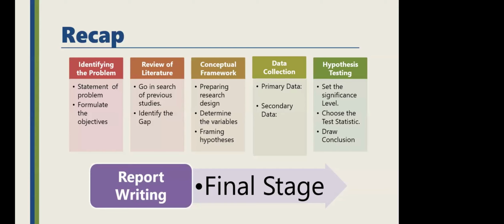Okay. So when you identify the problem, the next is you have to formulate the objectives. After formulating the objectives, you go for review of literature. That is, the researcher has to search for previous studies done on the same topic.